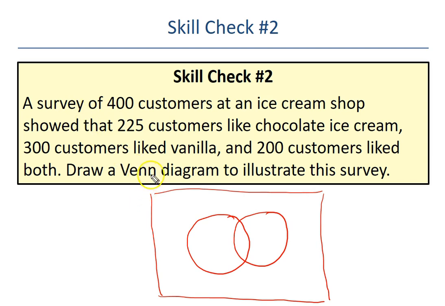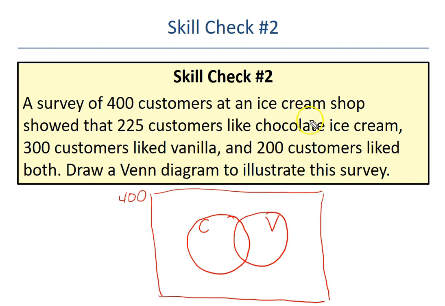Now there were 400 customers, so our universe is 400. I'll put that out here. Now let's put chocolate here and vanilla here.